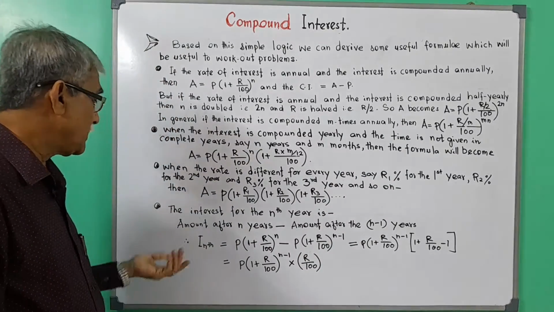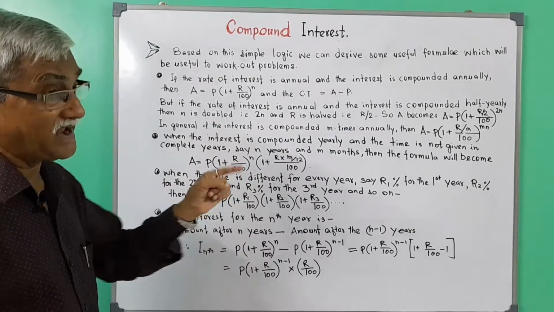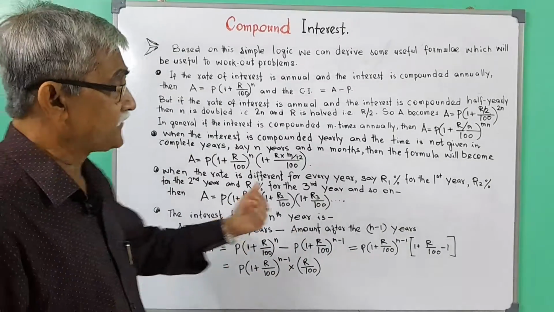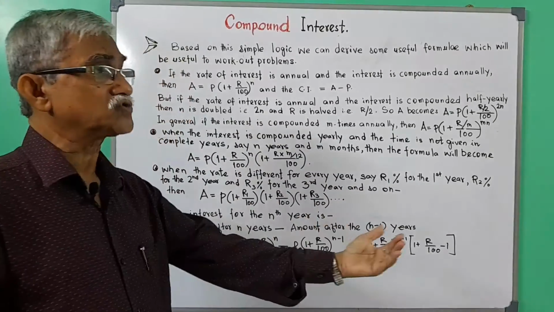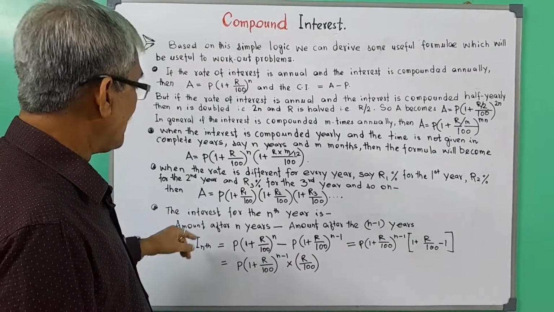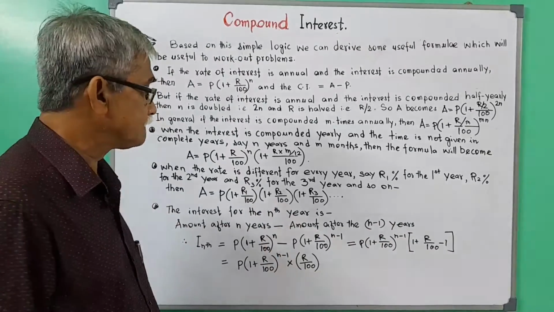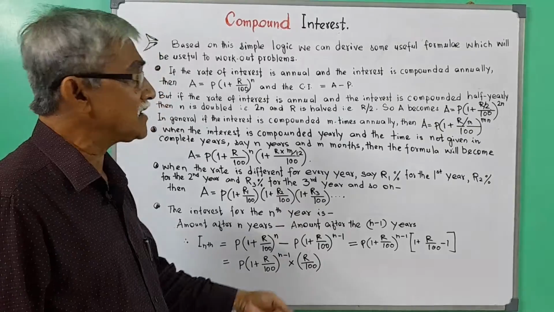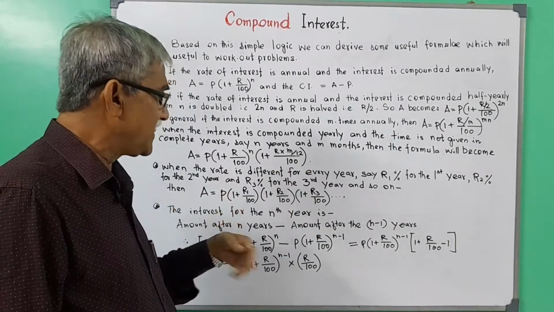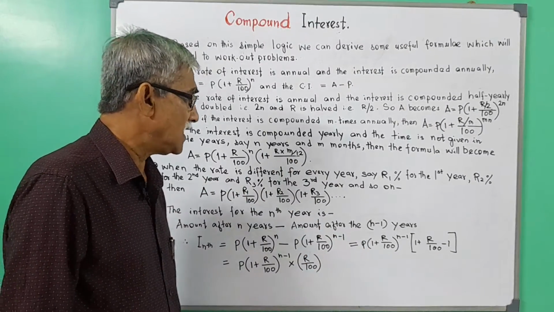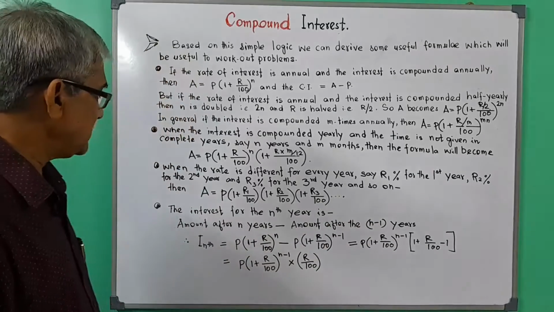And finally, the interest for the nth year, say for the 5th year or the 4th year: amount after n years minus amount after the previous years, that is amount after n minus 1 years.